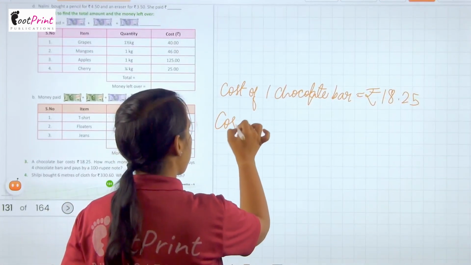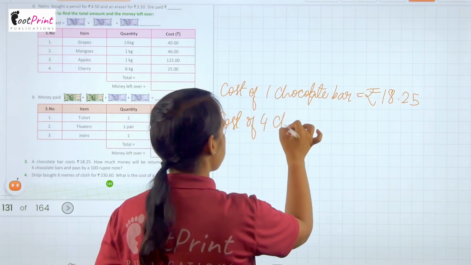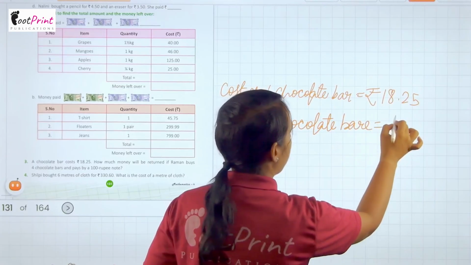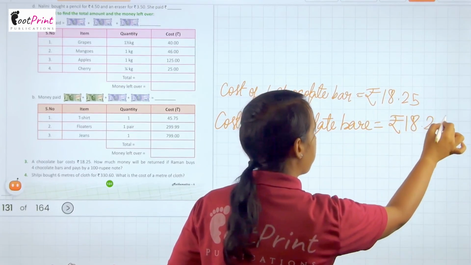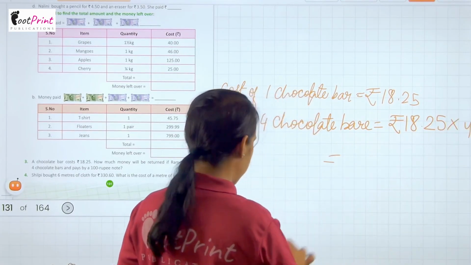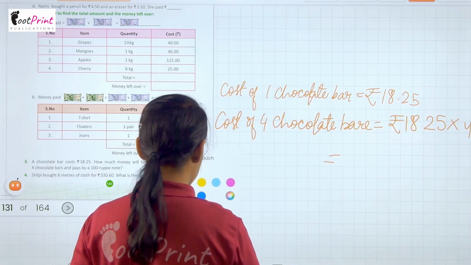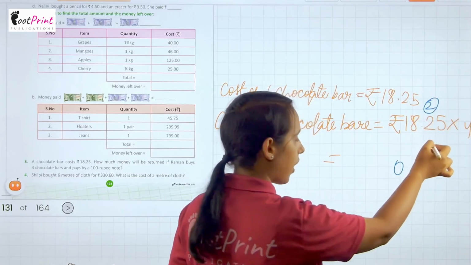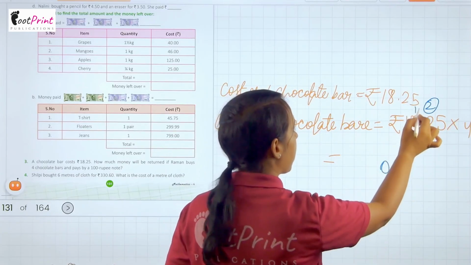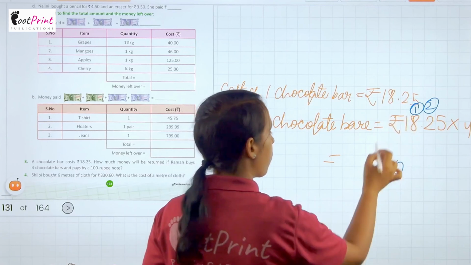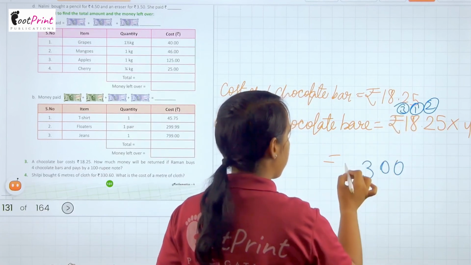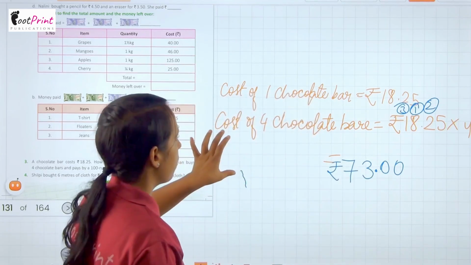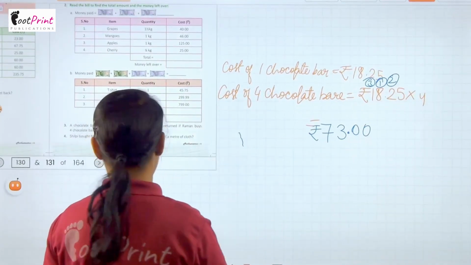So the cost of 4 chocolate bars will be 18.25 multiplied by 4, and after multiplying we get 4 5s are 20, 2 carry over here, 4 2s are 8, 8 and 2 is 10, 1 carry over here, 4 8s are 32, 32 and 1 is 33, 4 1s are 4, 3 and 4 is 7, and here we put the decimal. So he got 4 chocolate bars for 73 rupees.